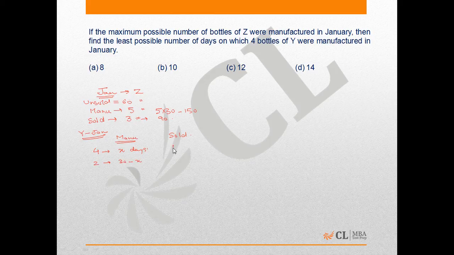Similarly, 1 bottle sold for Y days and 2 bottles for the remaining 30 minus Y days.